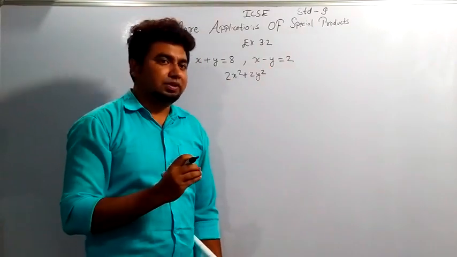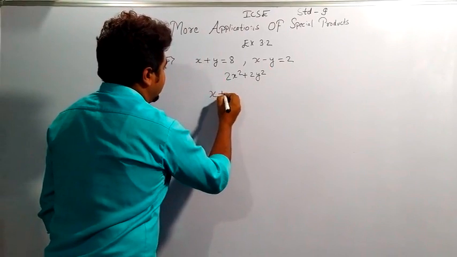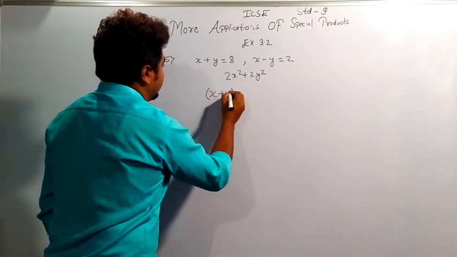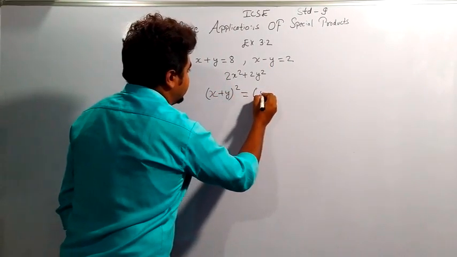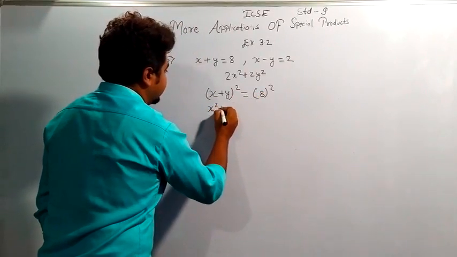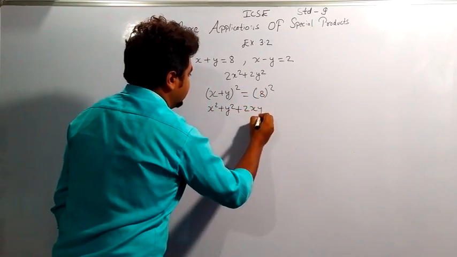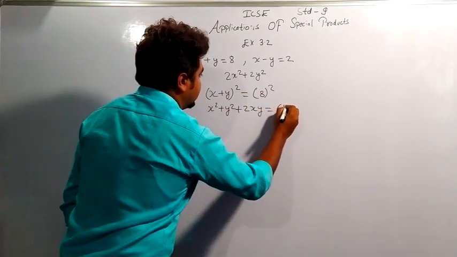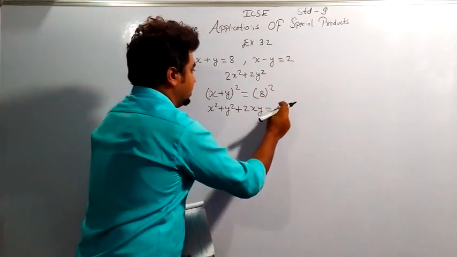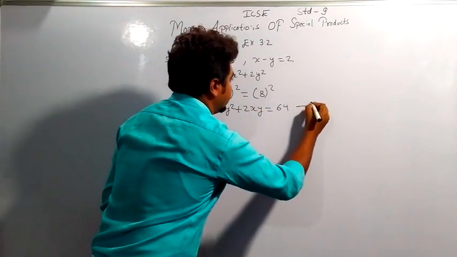So using the formula, x plus y whole square is equal to 8 square. So we get x square plus y square plus 2xy equal to 64. This is equation number 1.